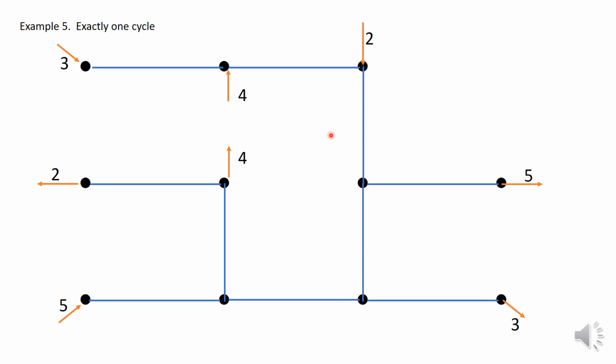And with a tree structure, we can do the method of paths as we did before and find the flows in all of the branches. So let's do that. For this pair 4 and 4, we take a path from this vertex around to this vertex. So we have 4 here, 4 down, 4 down, 4 across, and 4 up to this vertex. And we do the same thing for each pair.